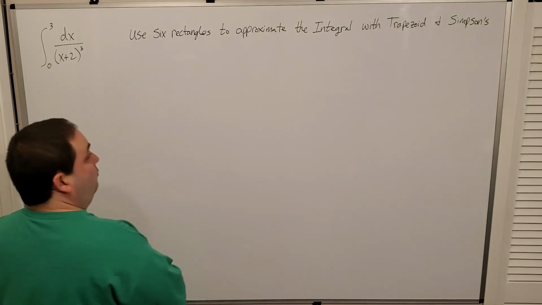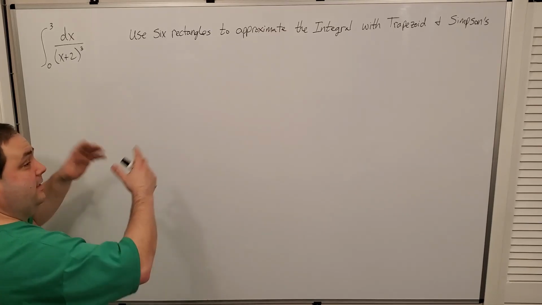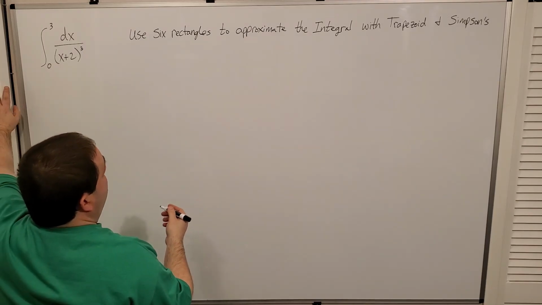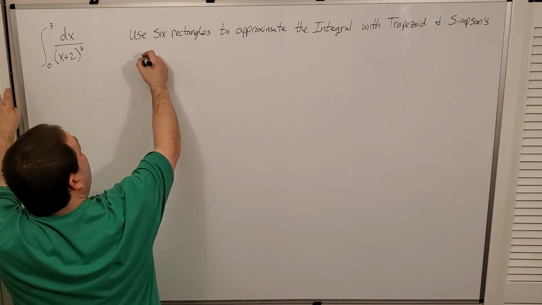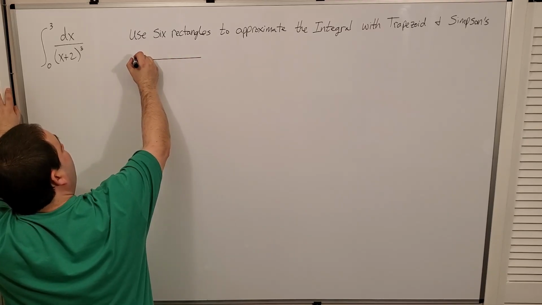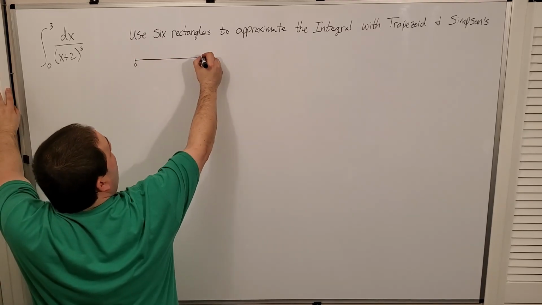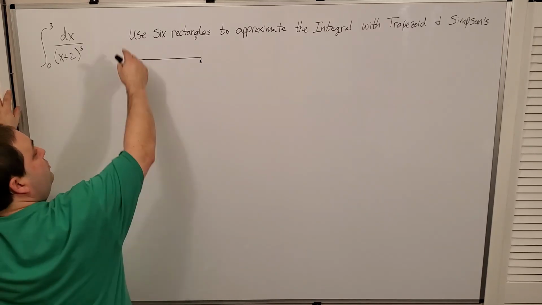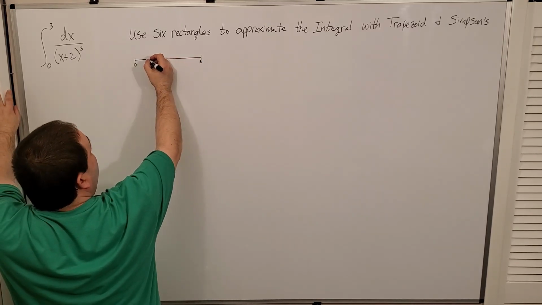Let's start with trapezoid rule. Actually, this is the same for both rules, right? If I'm using 6 rectangles, don't forget I've got my beginning value, which is 0, and my ending value, which is 3.